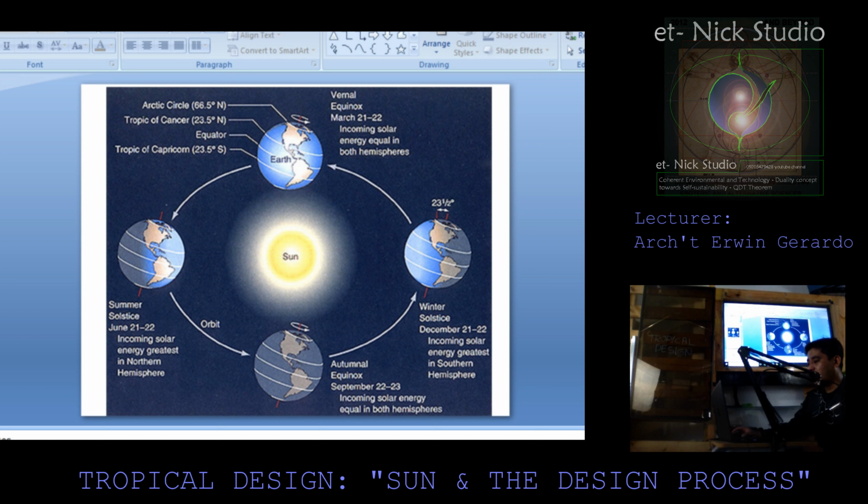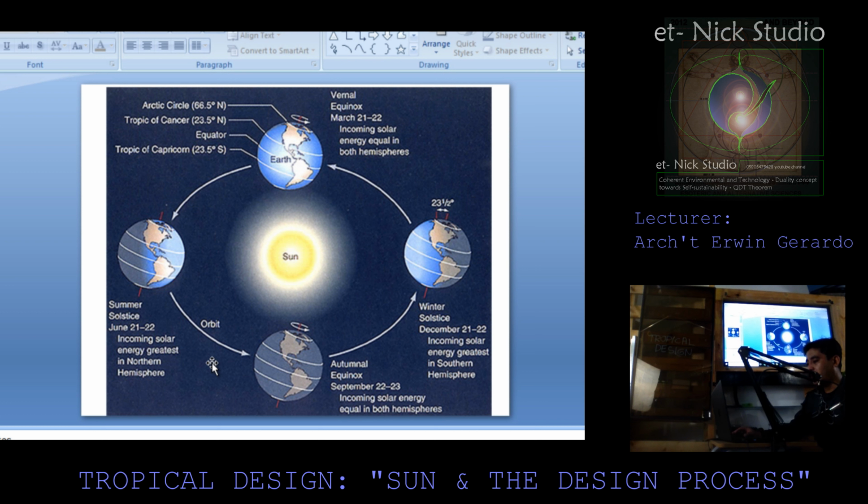Now, as you can see, the center is the sun. So the center of the solar system is actually the sun. Our planet revolves around it through the aid of this orbit. So let us go over the summer solstice. The month is June 21 to June 22.